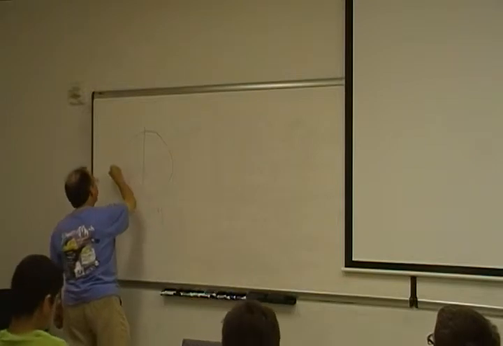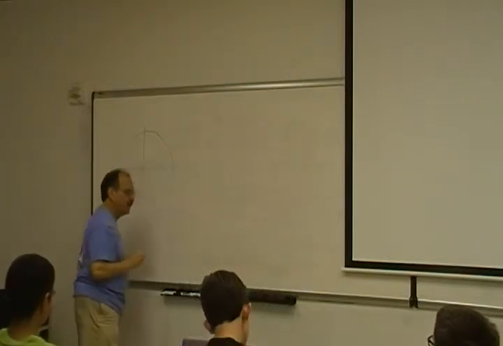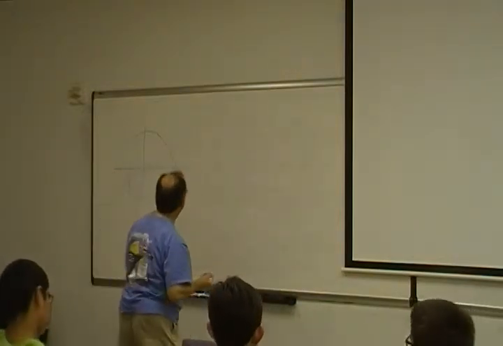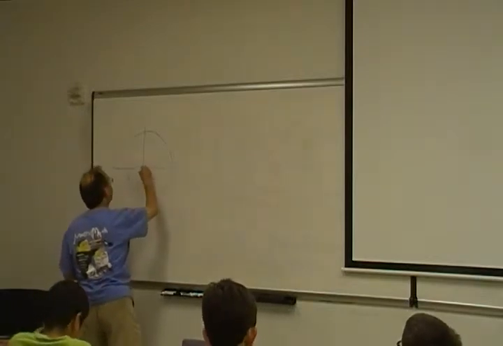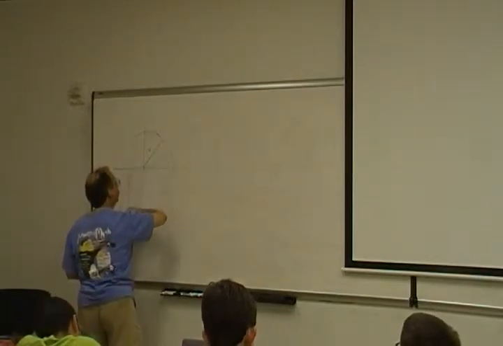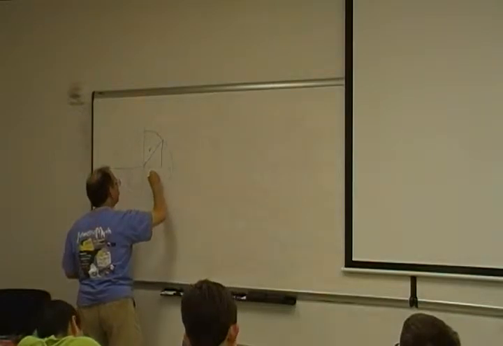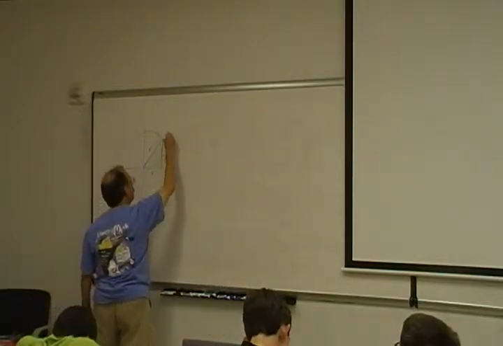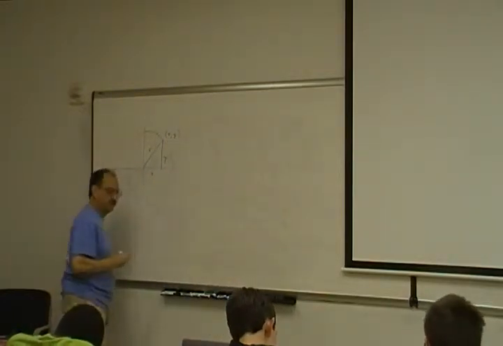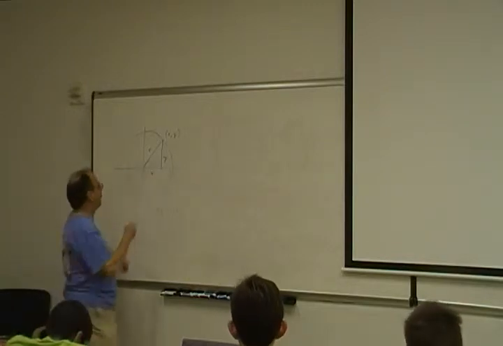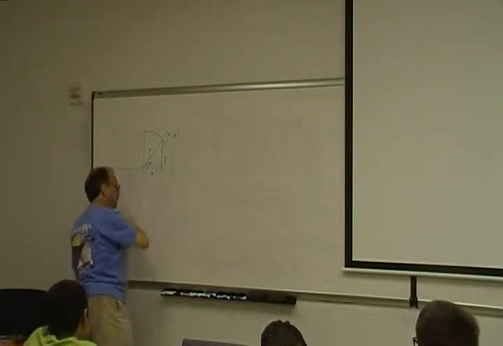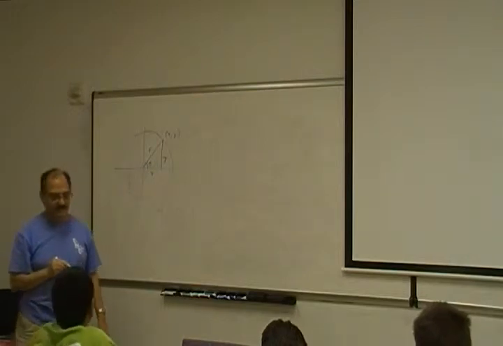Here are the x and y axes. And the radius of the circle is r, and it has an x coordinate and a y coordinate. This point is (x, y). And for that angle right here, which I will call theta again.